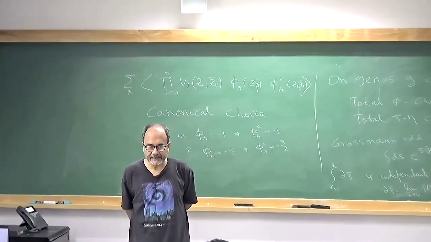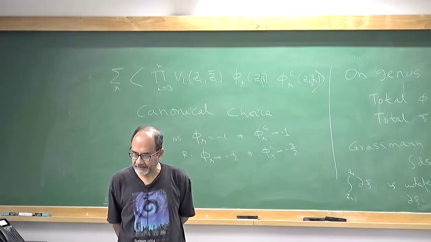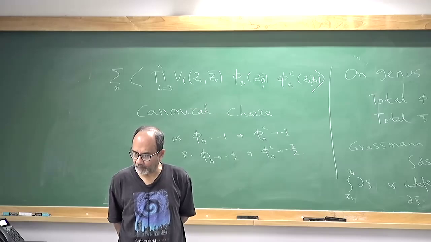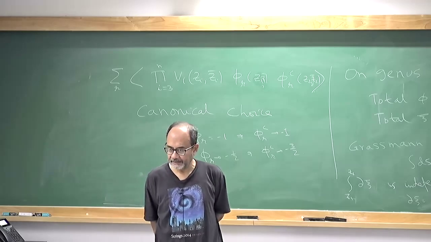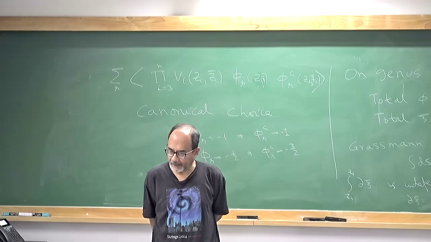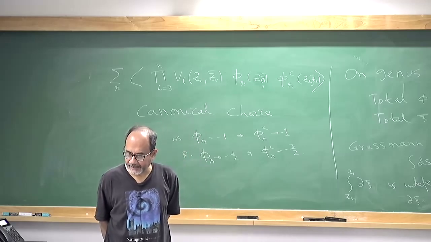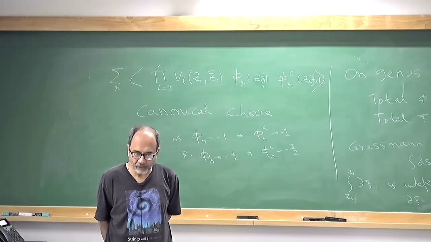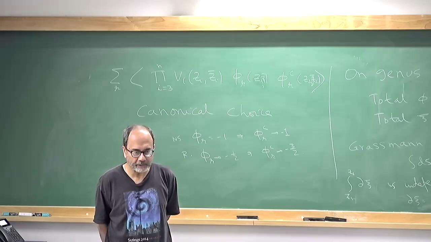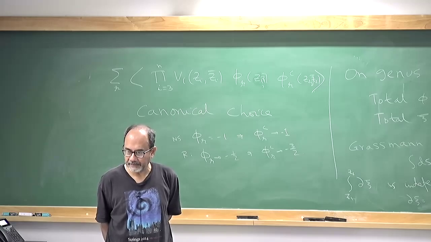The fact that the del xi correlation function is the derivative of the correlation function of xi gives you some extra information, that its integral is independent of the choice of path. That is not obvious if you didn't know that del xi is del of something, even though that something is not physical. That's part of a large Hilbert space which you don't want to work with. But it has the consequence that the integral of del xi between z1 and z2 is independent of the path.